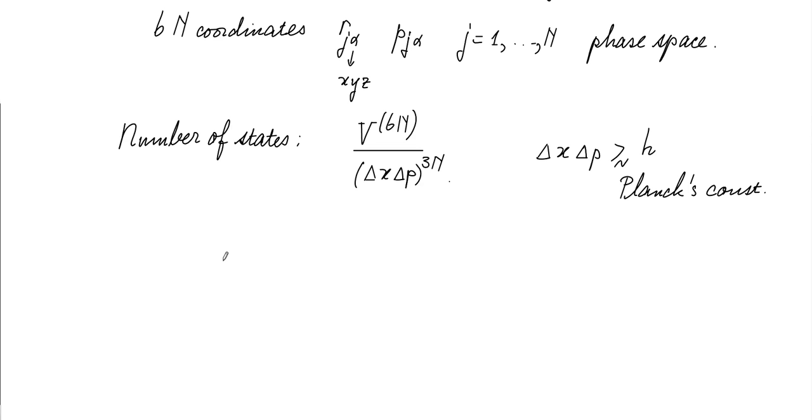So we can now conclude that the number of states within a phase space volume can be written as that volume, which is 6N dimensional, divided by h to the power 3N.